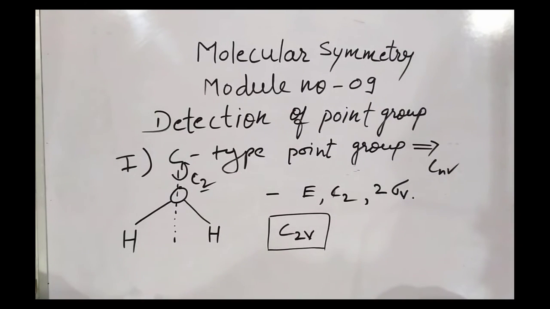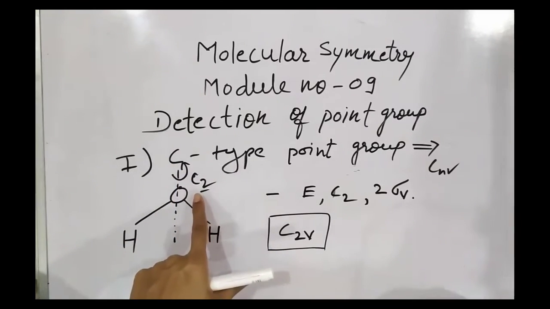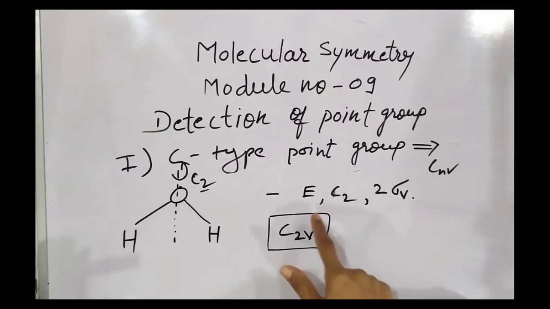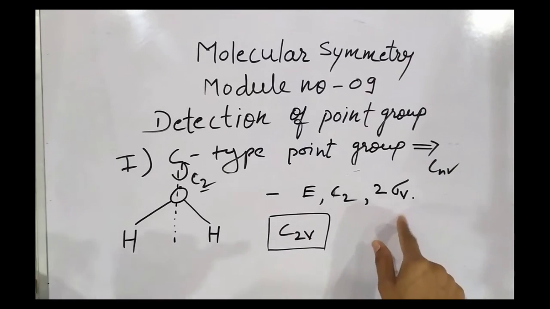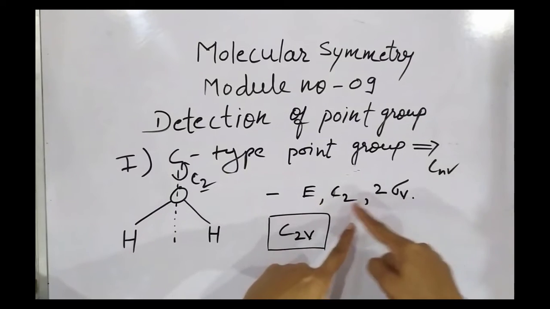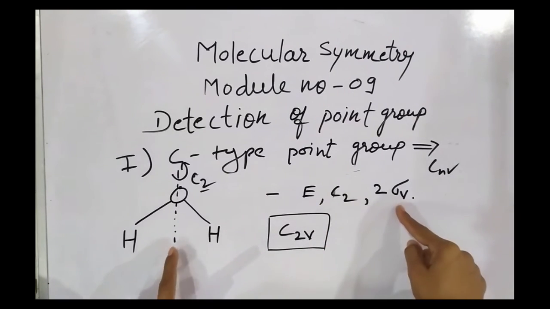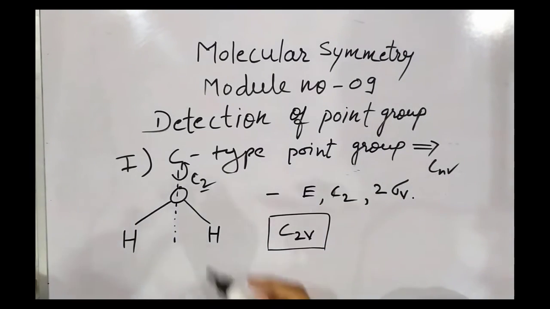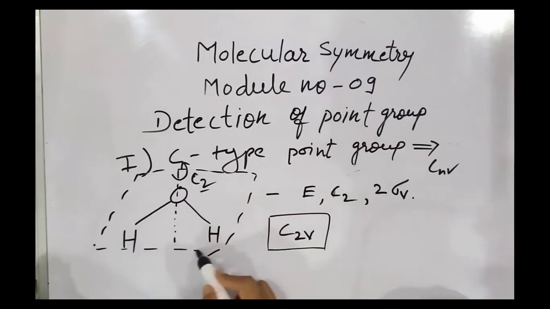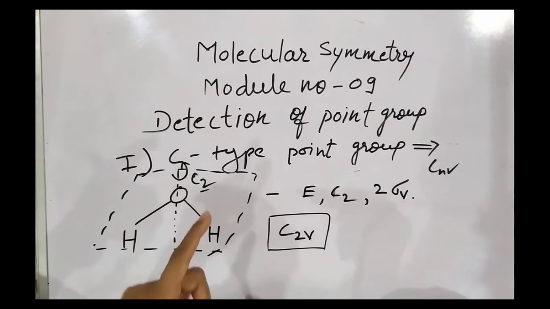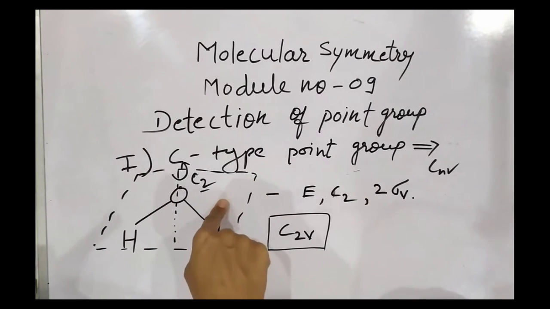If the question is determine the point group of the water molecule, first of all draw the diagram and show the symmetry elements present, and list out all the symmetry elements that are present in the molecule. And for explaining all the symmetry elements, you can draw different diagrams, or in the same diagram, if possible, if there is not much jumbling, you can draw 1 to 2 symmetry elements in the same diagram.